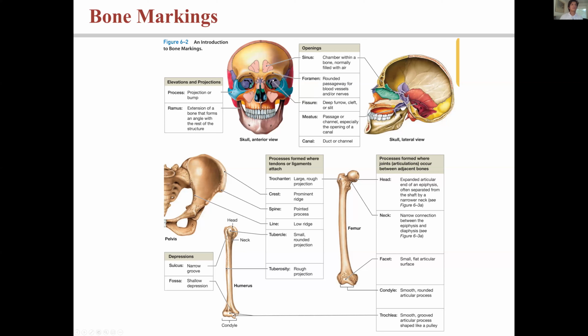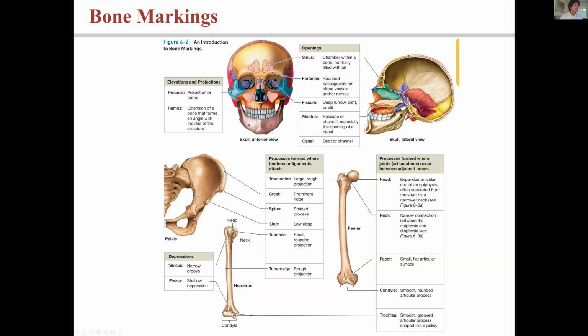Fissures, we have these fissures or slits, meatuses, these canals, such as the auditory meatus, and a canal itself, a duct, analogous to a meatus.